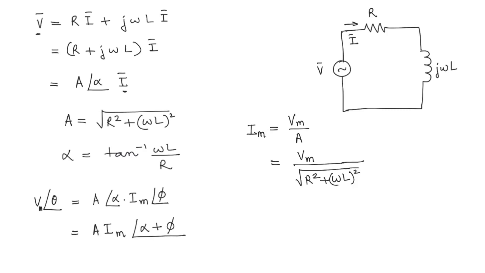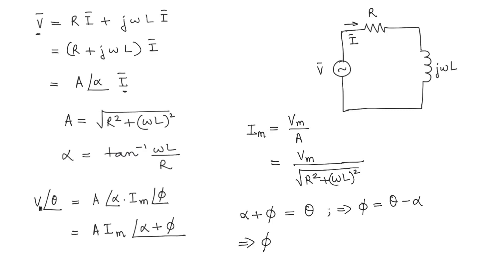And what is alpha plus phi equal to? It is equal to theta, right? So this implies phi is equal to theta minus alpha. Okay, and therefore we have phi.